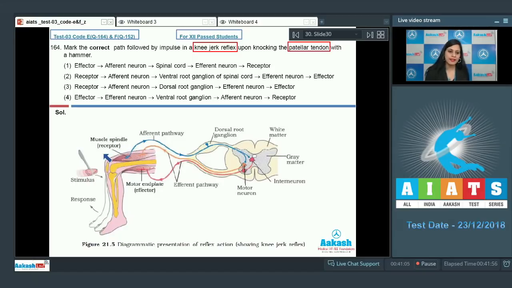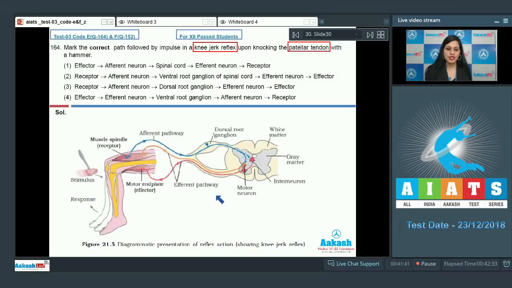When the stimulus is detected by the sensory receptors, the nerve impulse will follow the afferent pathway and through the dorsal root ganglion will reach the spinal cord. From the spinal cord, the motor neuron will carry the impulse through the efferent pathway to the effector organ or skeletal muscles in which the response is shown.